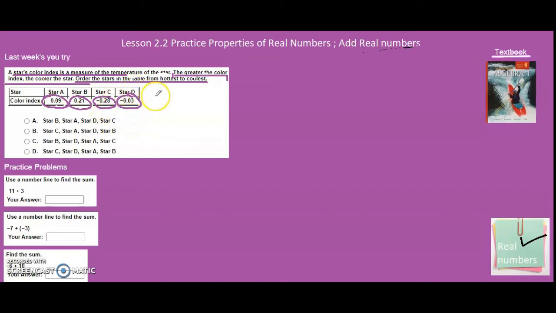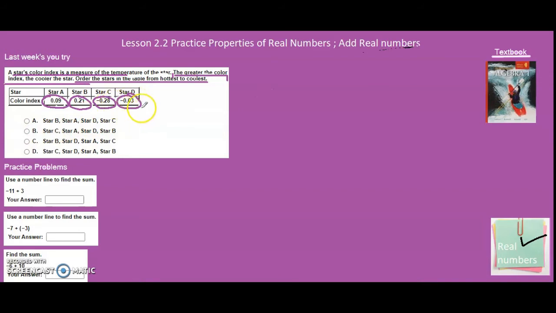In last week's video, I talked about how numbers are greater than another number, such as negative integers are always going to be less than positive integers. Here we have two negative numbers and two positive numbers.